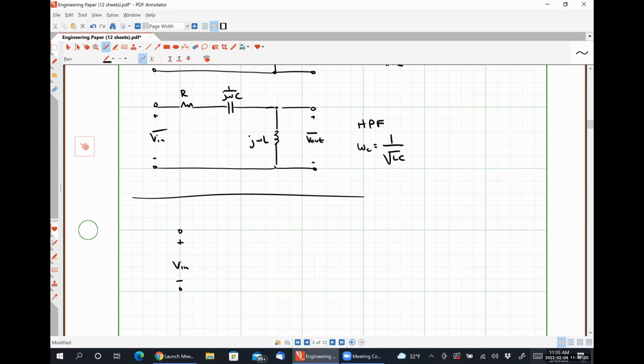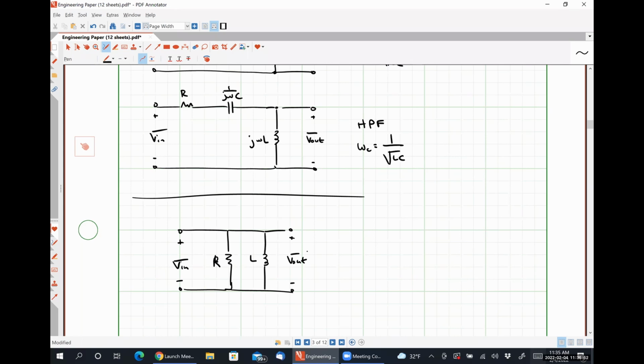So if we have Vin, and then even a first order case where we have a resistor R in parallel with an inductor L, and this is Vout. Vin and Vout are always the same thing because there's the same potential difference across elements that are connected in parallel.